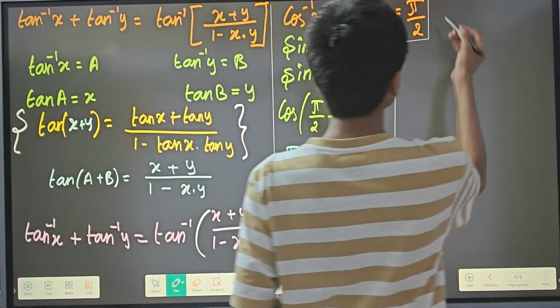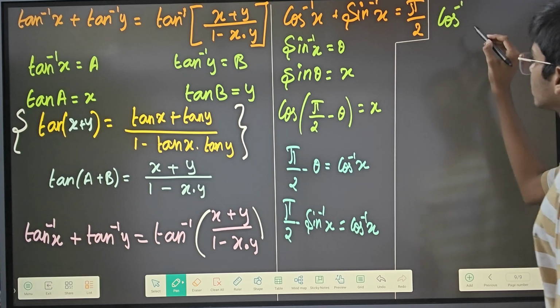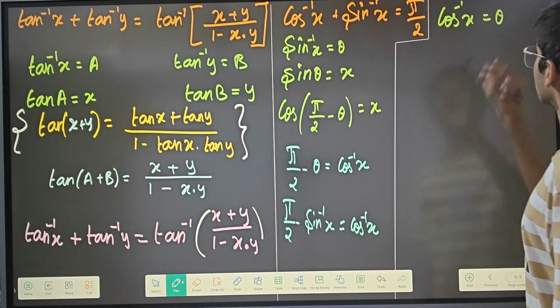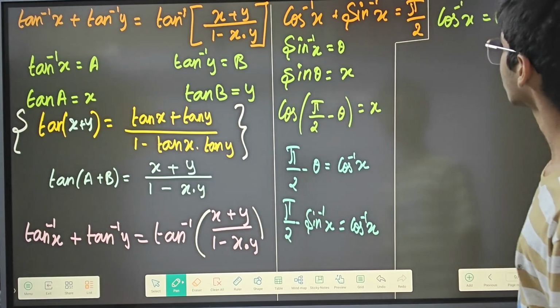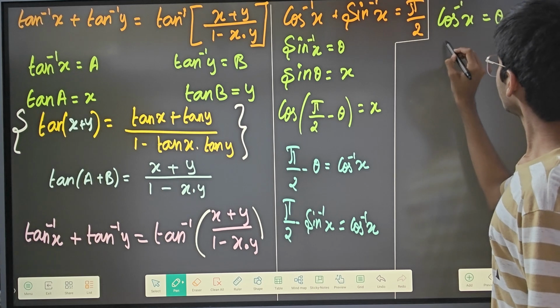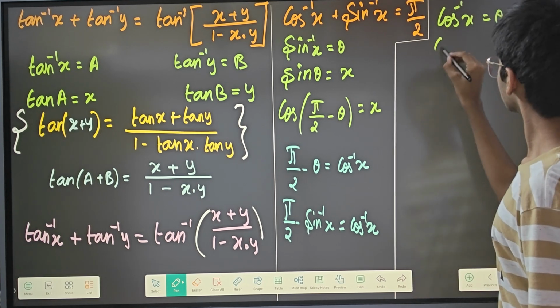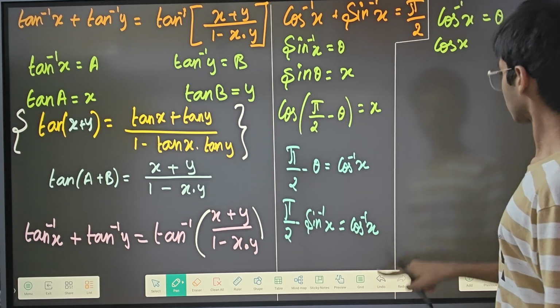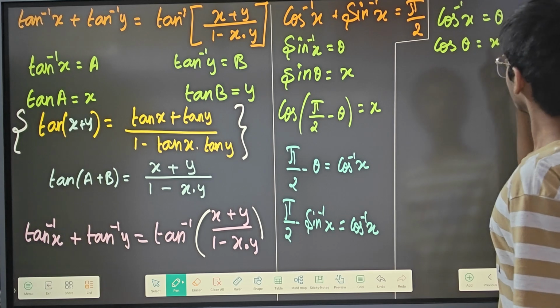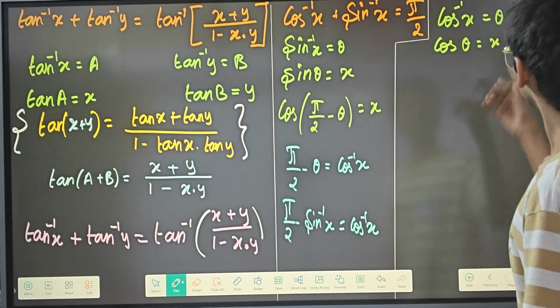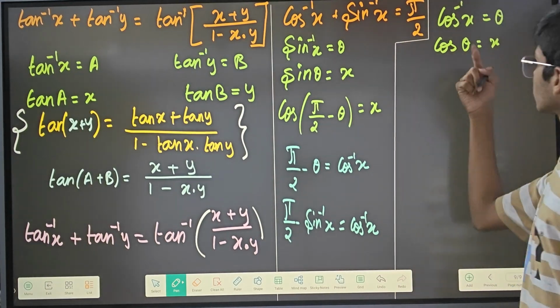So cos inverse x is equal to theta. Then cos theta is equal to x. How are you going to convert this?